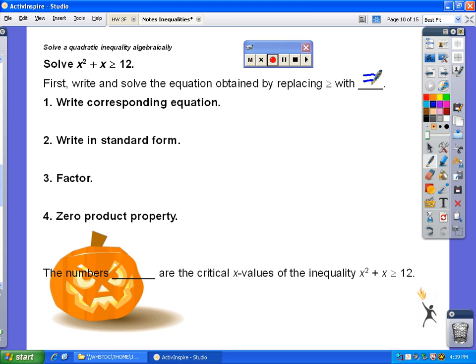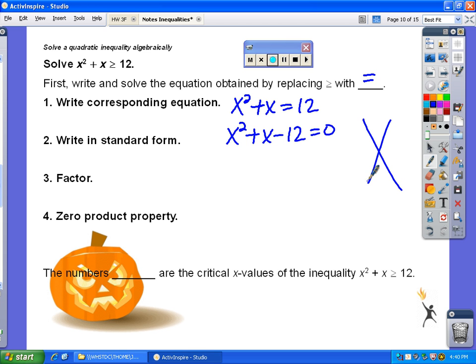Write the corresponding equations. So it's going to be x squared plus x equals 12. I'm finding my critical values here. Write this in standard form because I'm solving a quadratic. I want to factor it. So it multiplies to give you negative 12, but has a difference of 1. So 4 and negative 3.